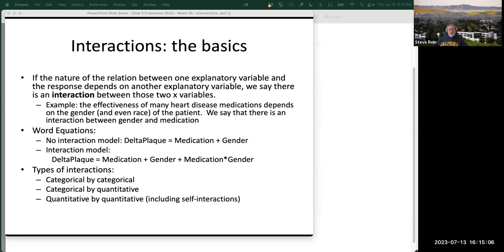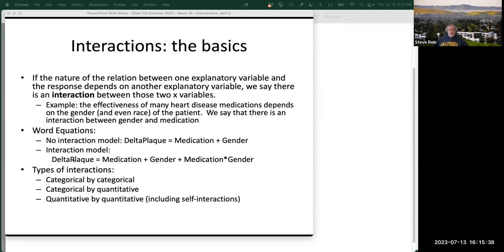The impact of heart disease medication on the benefit to a patient, if you will, the reduction in plaque, depends on which medication it is. Well, that's no surprise there. Different medications are differently beneficial. And it may depend on the sex of the person involved, but there may be even an interaction between them.